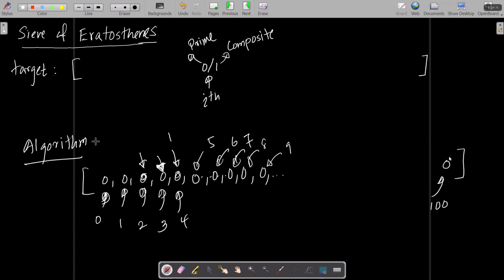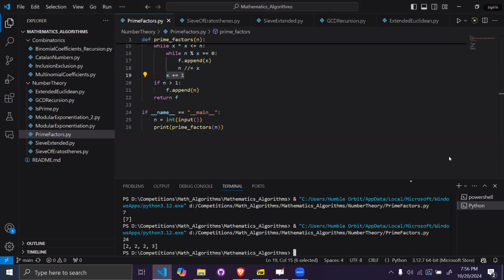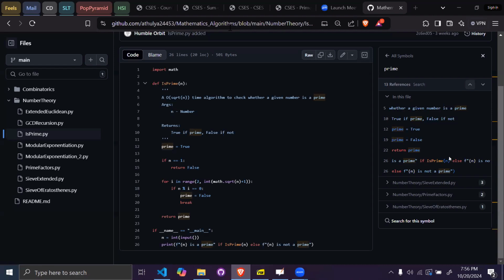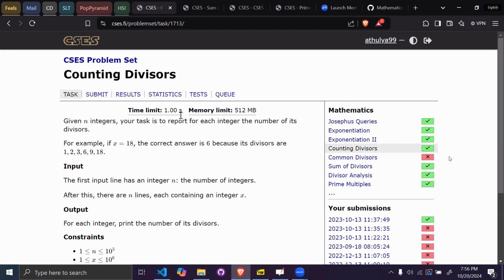So how should we use this array? Where should we use it? There was an interesting problem I had, about counting devices.